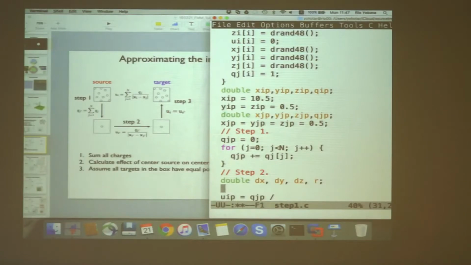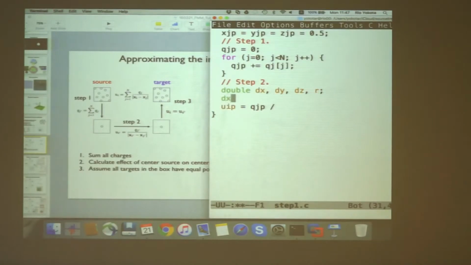What I'm doing here is I'm trying to form dx, the distance between xip minus xjp, dx, dy, dz, like this.